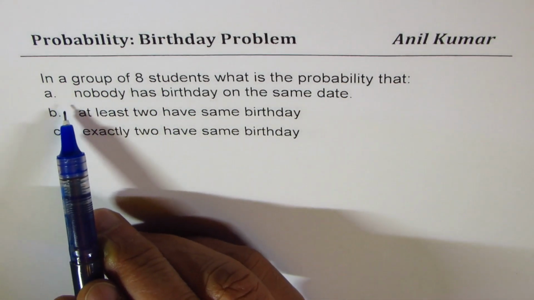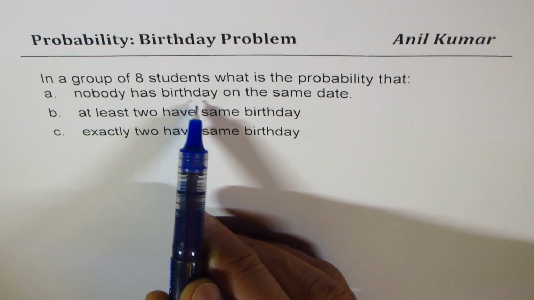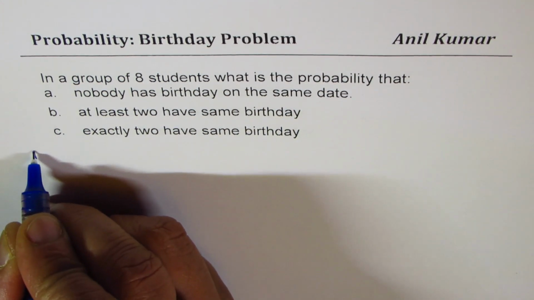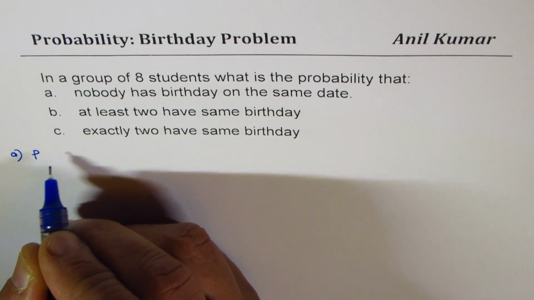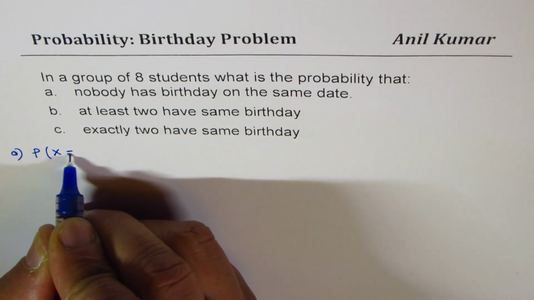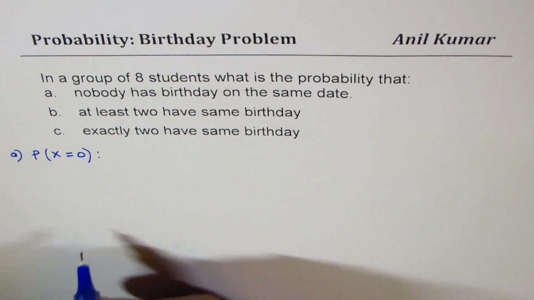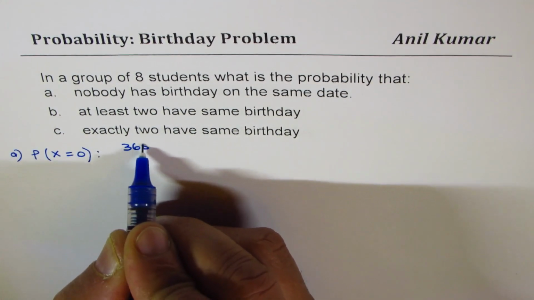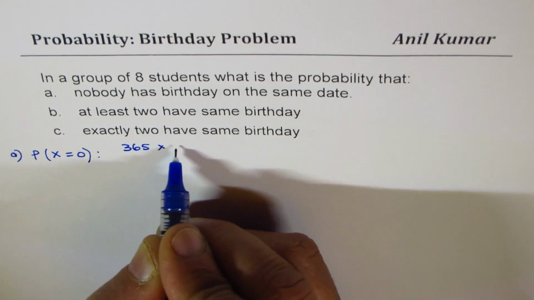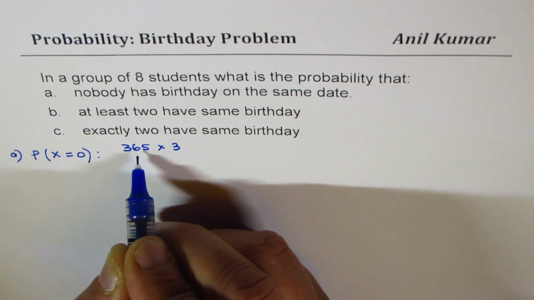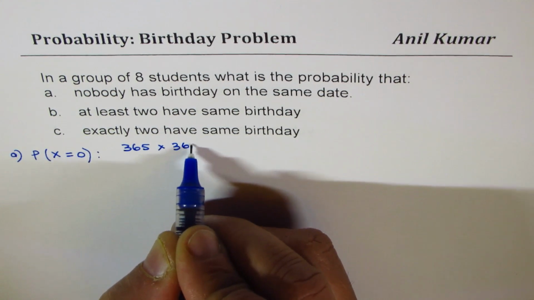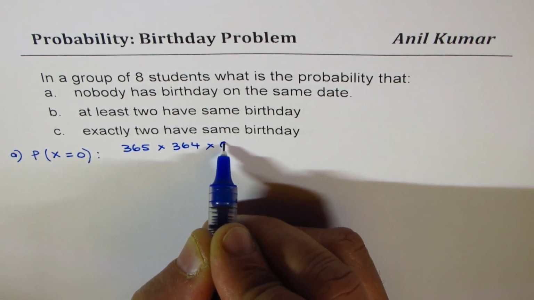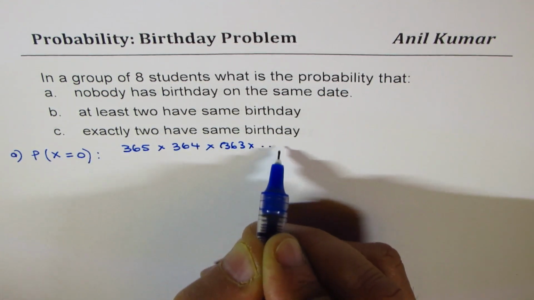The first one here is nobody has birthday on the same date. Let's do part A first. That means the probability when x equals 0. In a year we have 365 days. So it should be 365 times, next person will not have that particular date but the other 364 days, then 363 and so on.